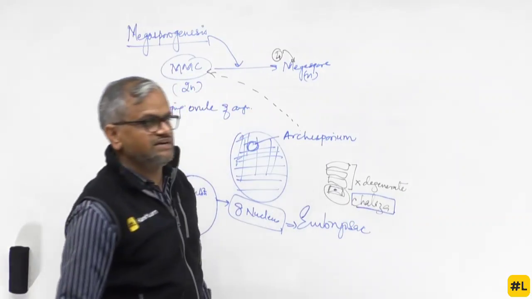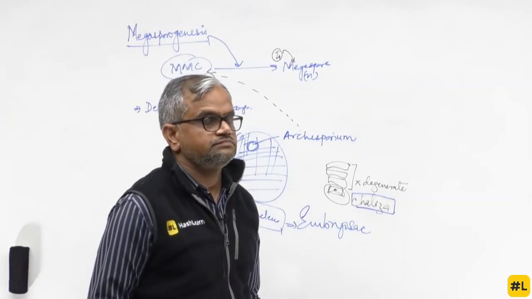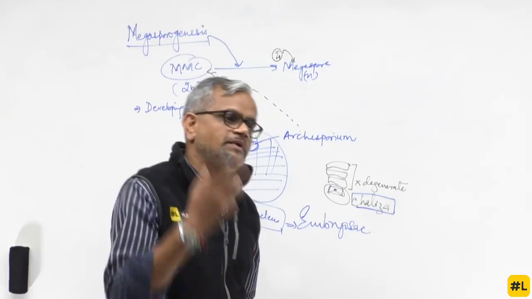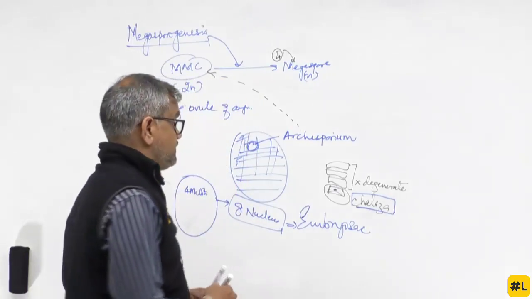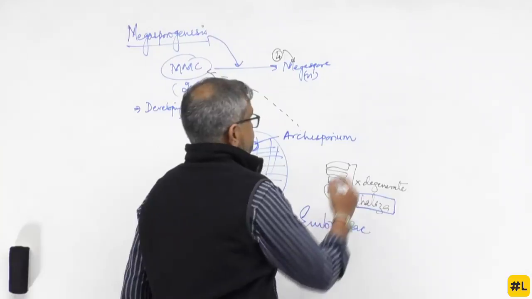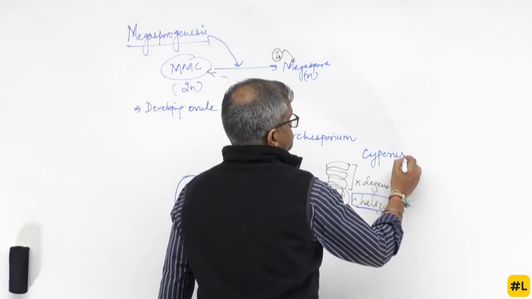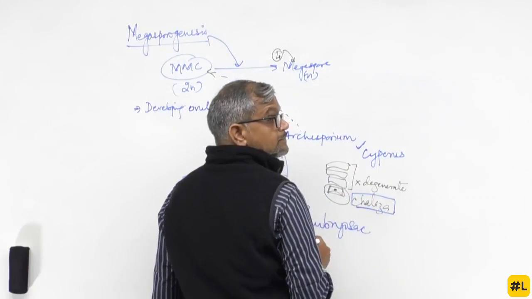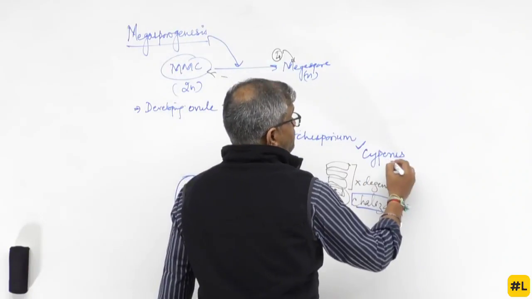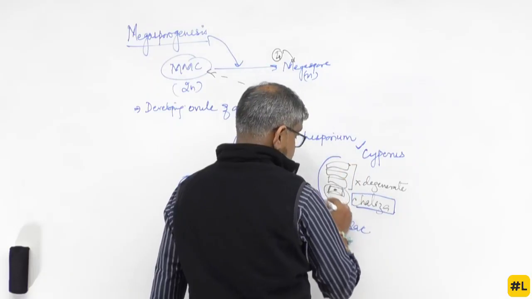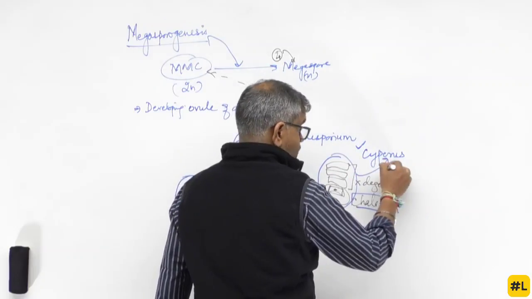embryo sac, which I have already explained to you, right? Do remember, in case of cupressaceae members, all 4 become functional.